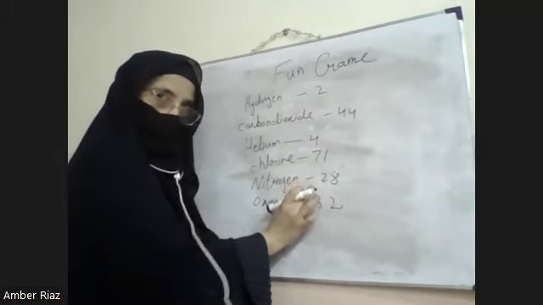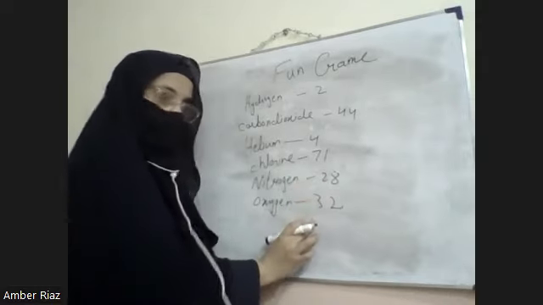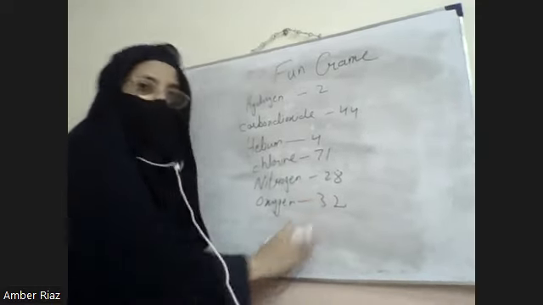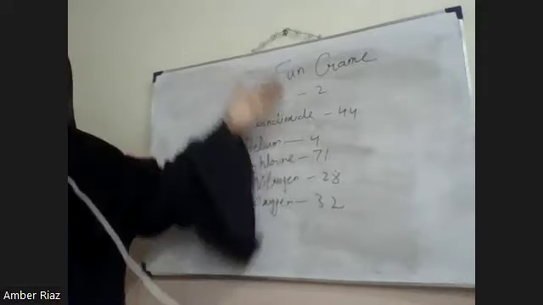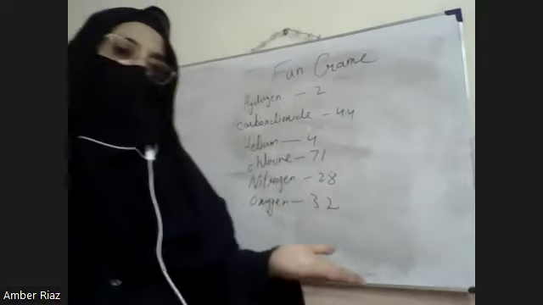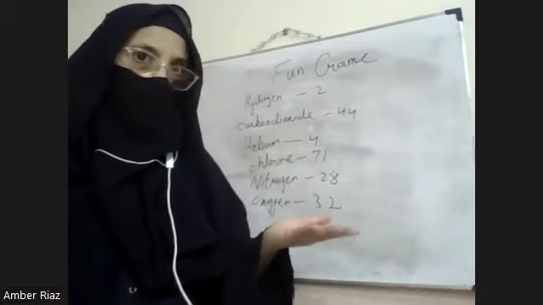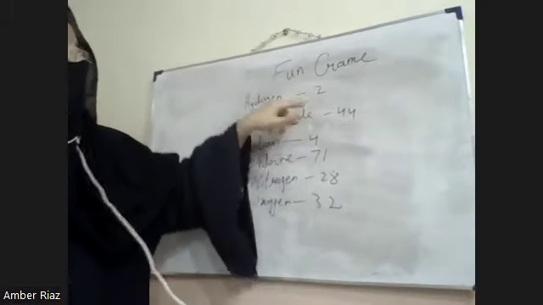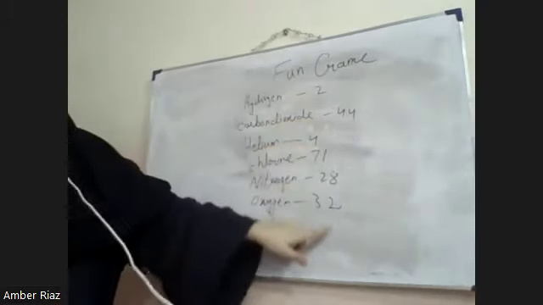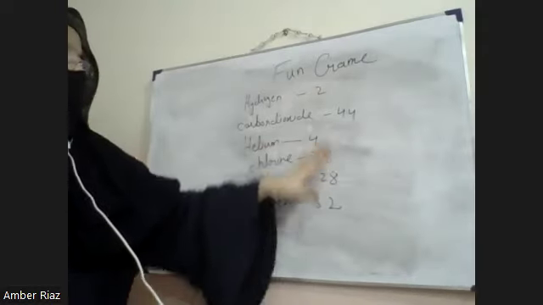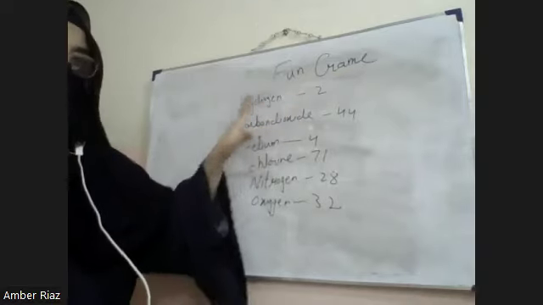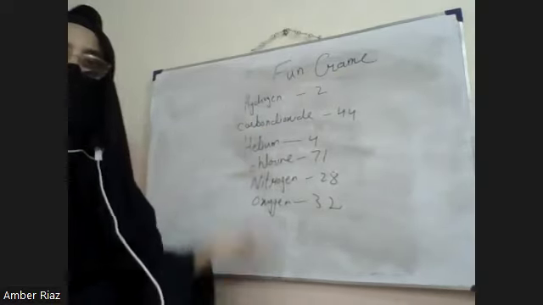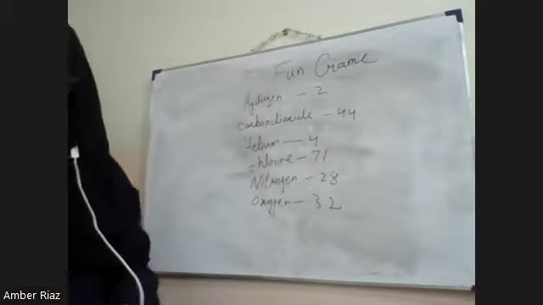Nitrogen, fast. Oxygen, slow. Why? How did you get the answer? Because by observing their molecular weights, you can judge whether it will diffuse fast or slow, right?